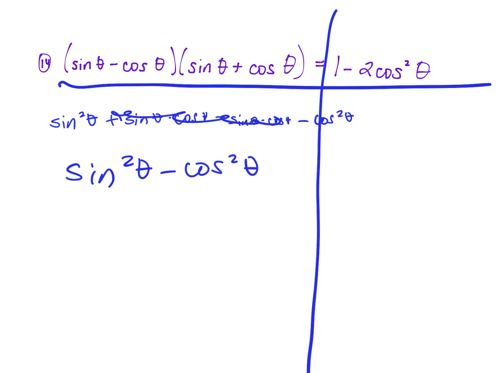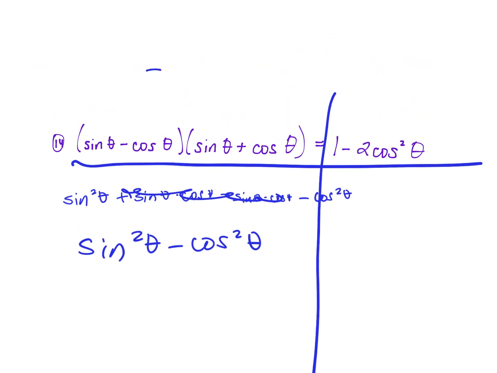How many of you crossed that out and said it was 1? What is the Pythagorean identity? It's got to be plus. Is there anything I can do with this Pythagorean identity? Sine squared plus cosine squared equals 1. That would give me sine minus cosine.